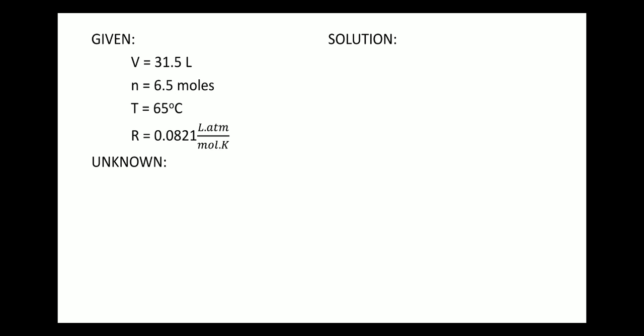The given V is 31.5 liters, the number of moles n is 6.5 moles, temperature is 65 degrees Celsius, and always, because R is constant, 0.0821 liter atm over mole Kelvin. The unknown is the pressure. Before we start, let us first convert the Celsius scale to Kelvin: 273.15 plus 65 is 338.15.